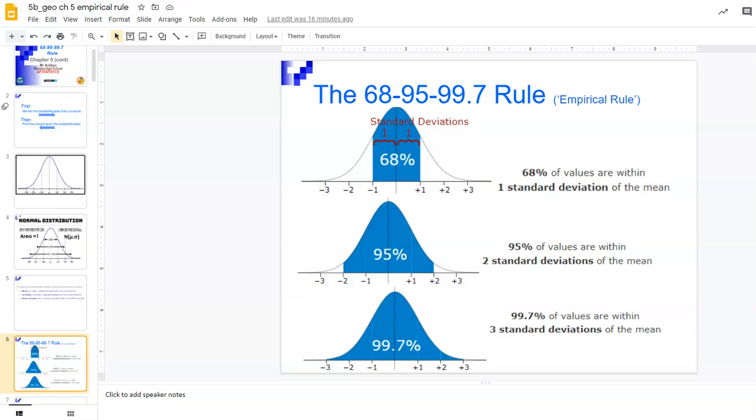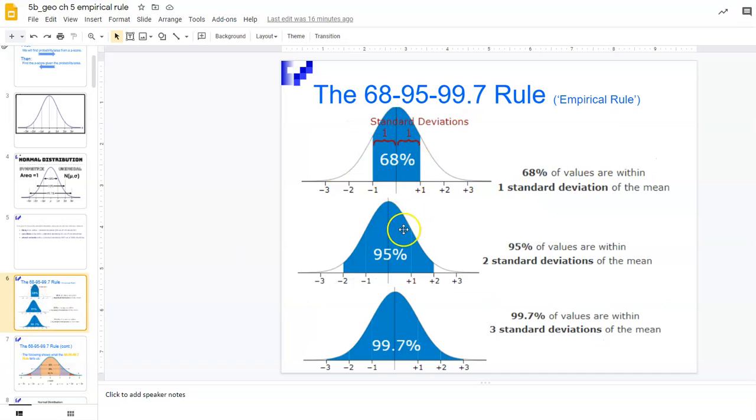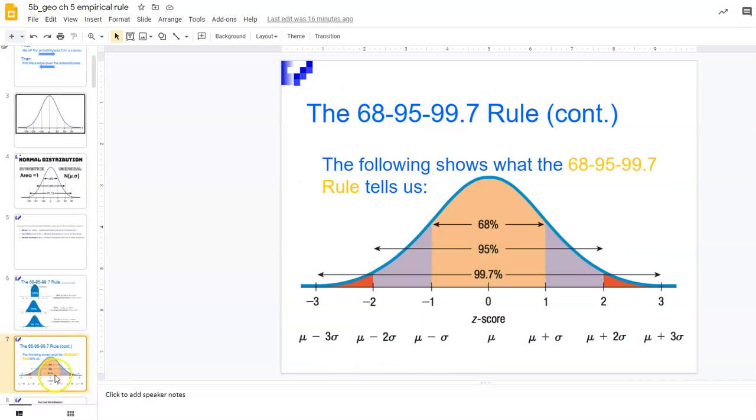Here's another version of the empirical rule. This illustration tells you the 68, 95, 99.7. Since you know that this is a symmetric curve, you could go further and analyze these percentages even more.